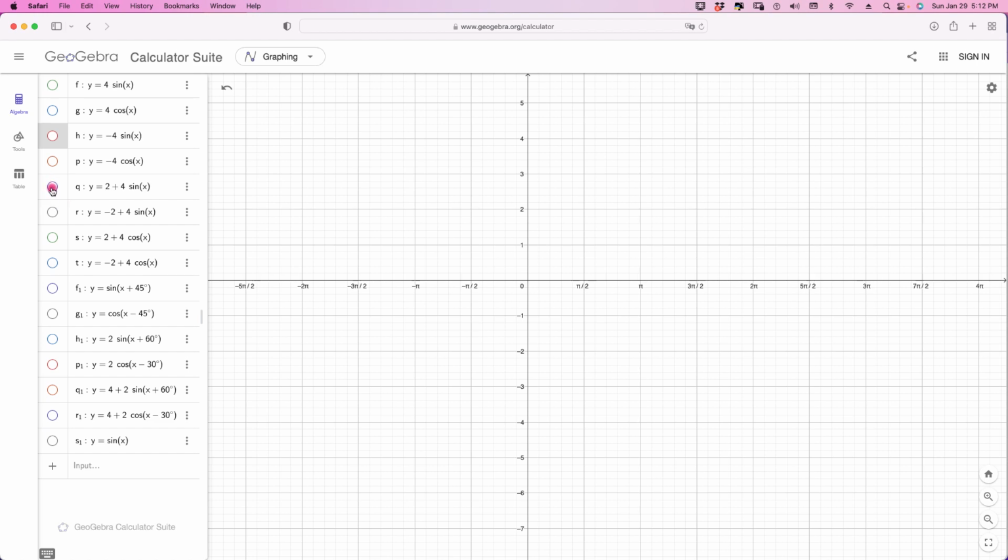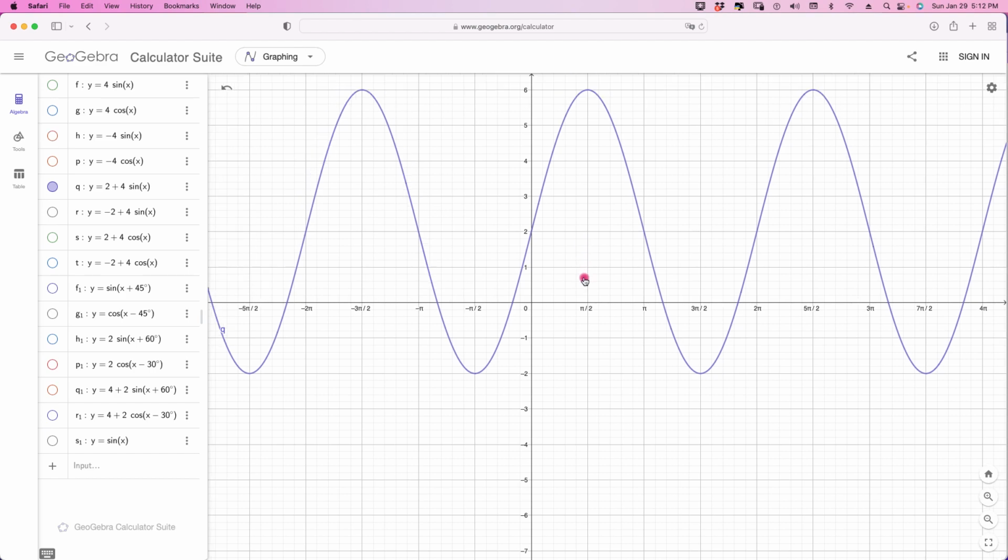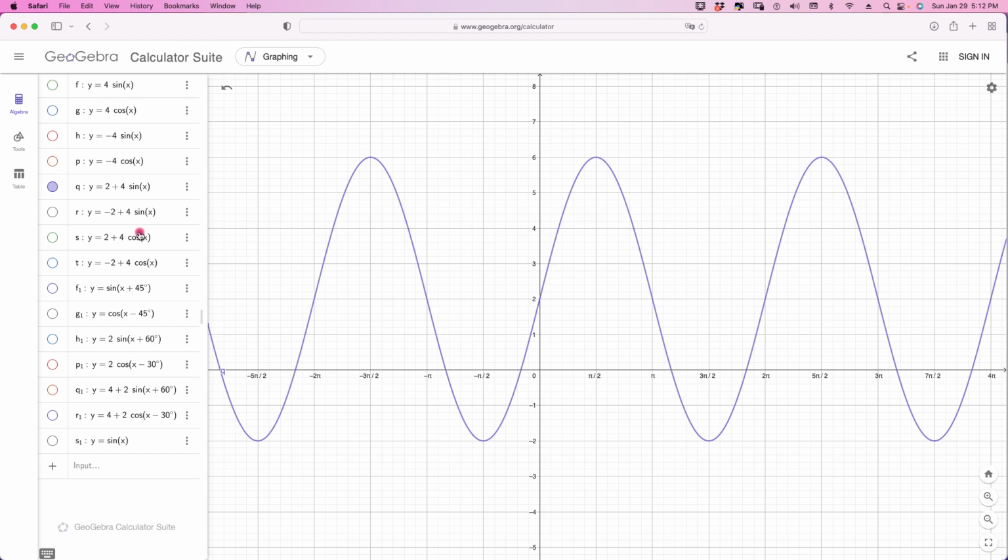So here is an example of that. Let me see if I can move this down a little bit. There we go. Here we have y is equal to 2 plus 4 sine. So that just means that this first number here is going to be our axis. So you see our axis is 2, and it has a positive amplitude of 4.